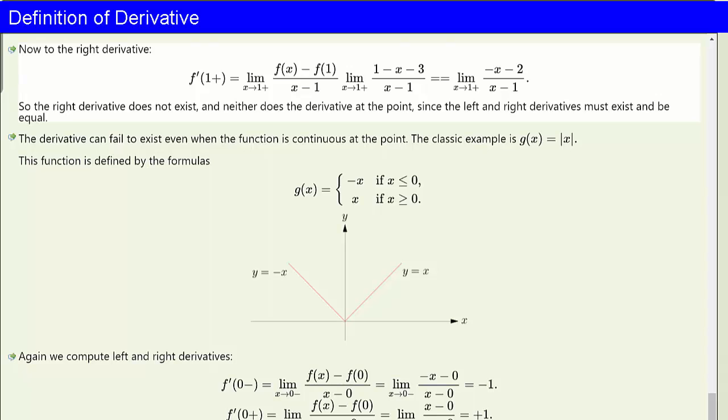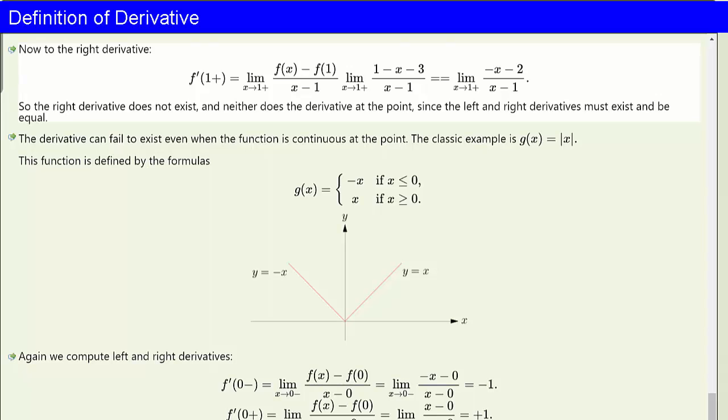Now to the right derivative, f prime of 1 plus. That's the limit as x goes to 1 from the right of (f of x minus f of 1) over (x minus 1). The formula for f of x is now 1 minus x on the right. The value of f of 1 is still 3, and you're dividing this by x minus 1. So you end up with (minus x minus 2) over (x minus 1).